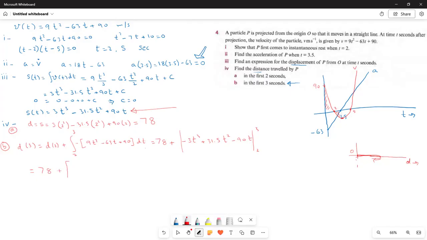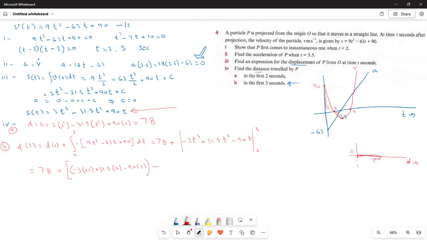So this is going to be 78 plus, when I put the upper limit, minus 3 into 27 plus 31.5 into 9 and minus 90 into 3. This is the upper limit.